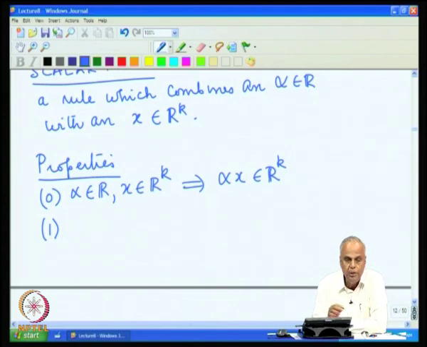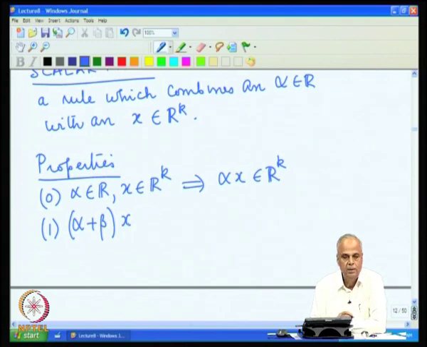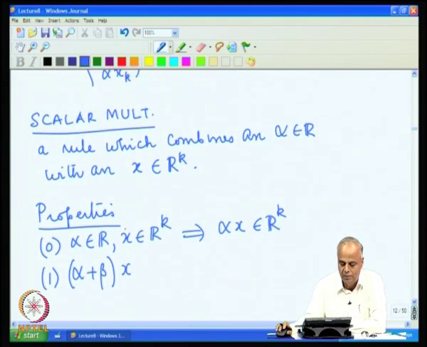Now, it is easy to verify that if I take two real numbers alpha and beta, when I add alpha and beta I still get a scalar. Alpha is a real number, beta is a real number, so alpha plus beta is a real number. So, combine this new real number alpha plus beta with the element x in RK.